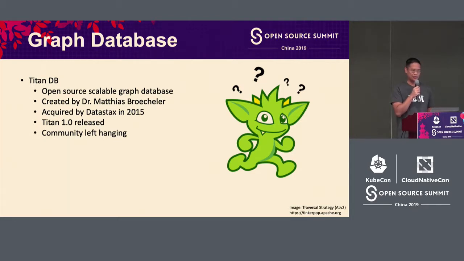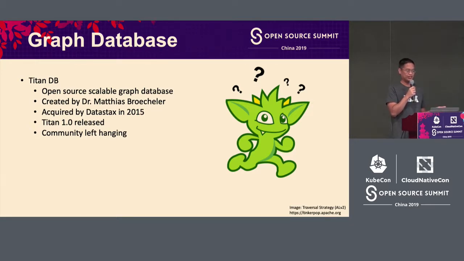But what happened was, they were getting good adoption from the community, but they got acquired by DataStax in 2015. When they got acquired, they kind of left the community hanging. They didn't say what the future of the project was going to be. So even though it was still open source, development had slowed down significantly.